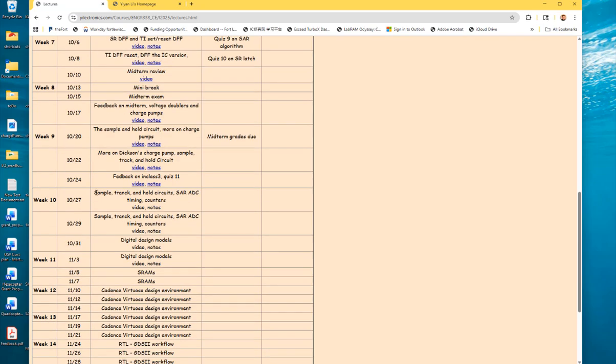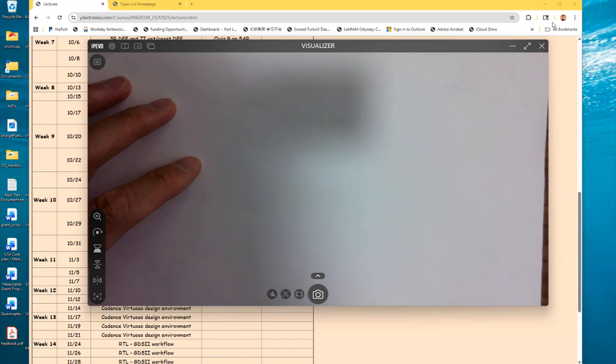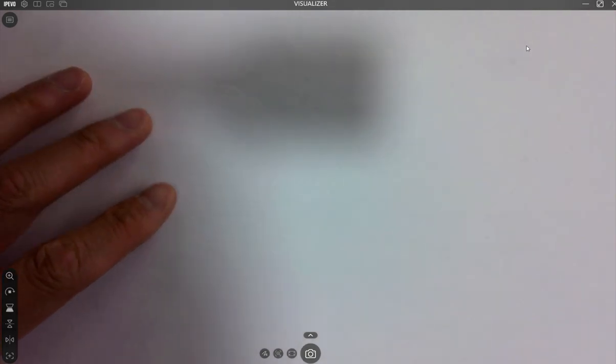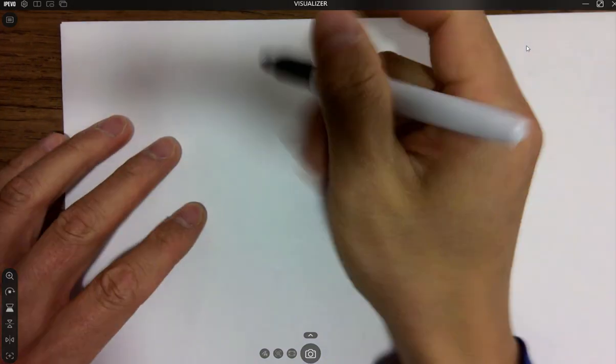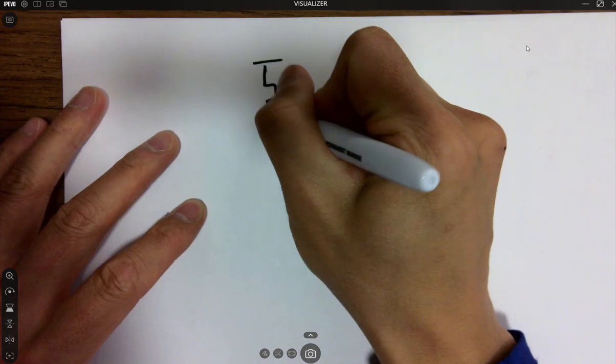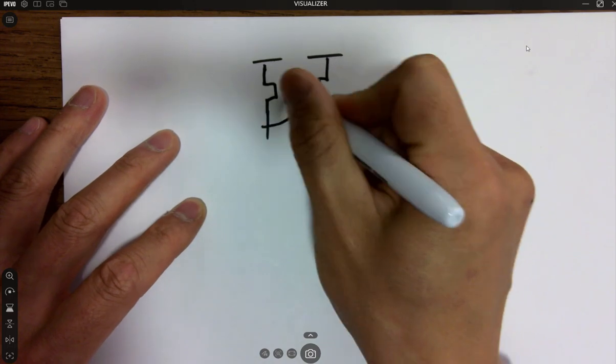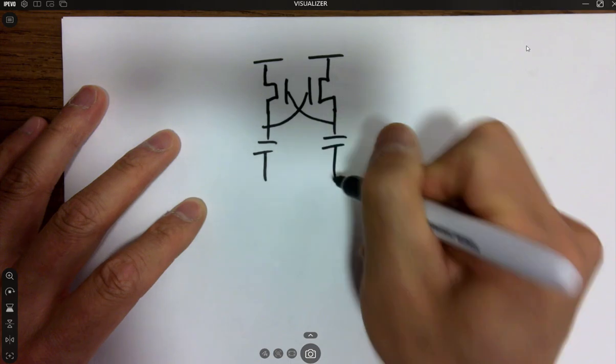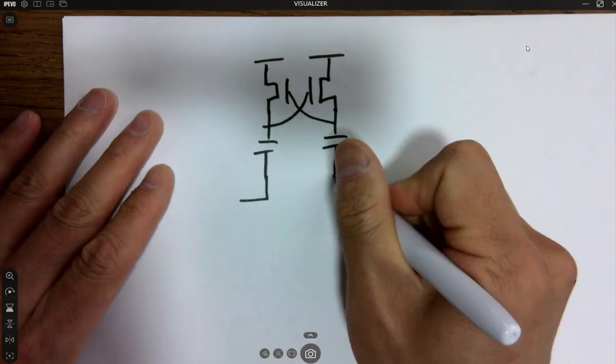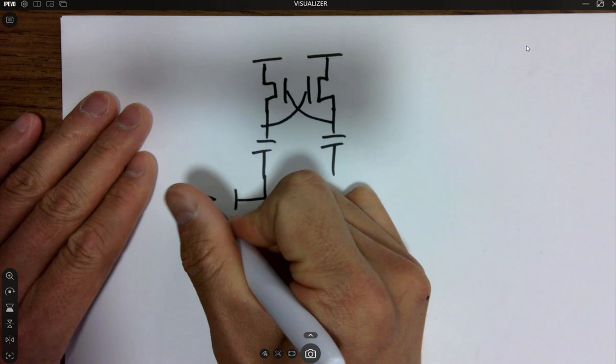So for the quiz, we have one more inverter over here.